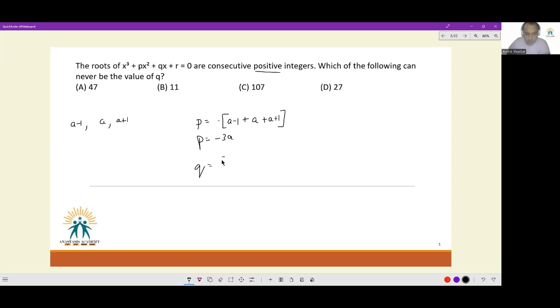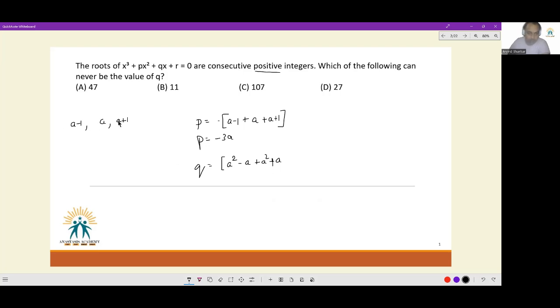q is equal to positive sum of pairs of products of roots. First two roots, they multiply to give us a square minus a. Next two roots multiply to give me a square plus a.